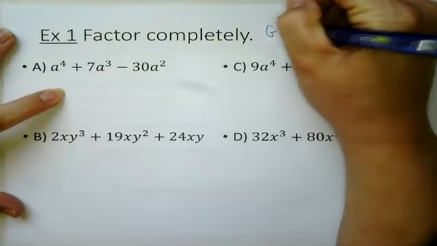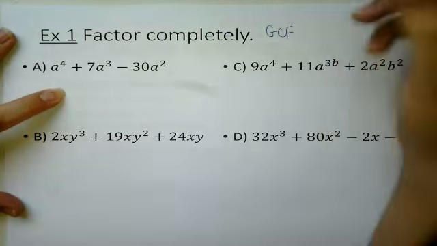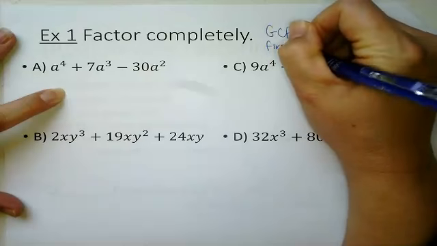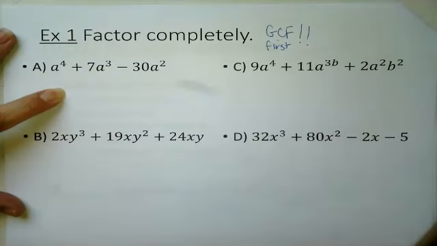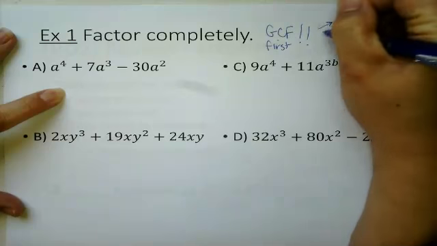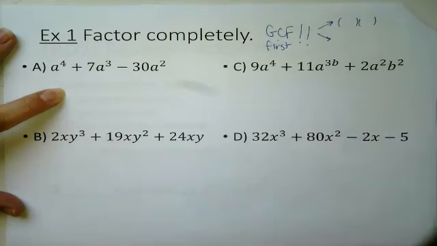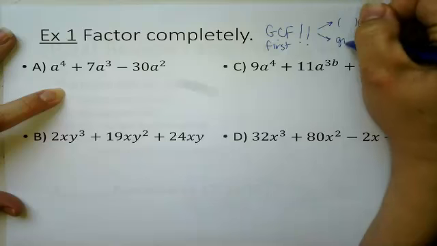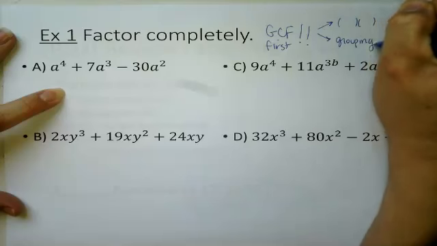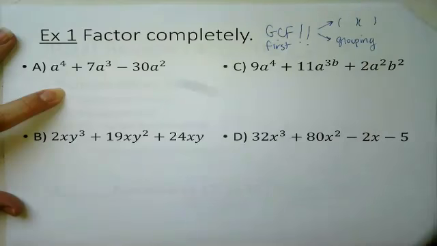Factor completely means that you always want to look for the greatest common factor first. That's rule number 1. And once you look for a greatest common factor, then you can try to double bubble or factor by grouping or some other patterns that we will look at tomorrow.